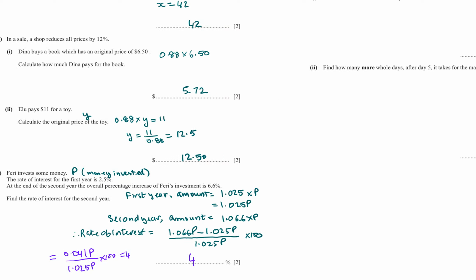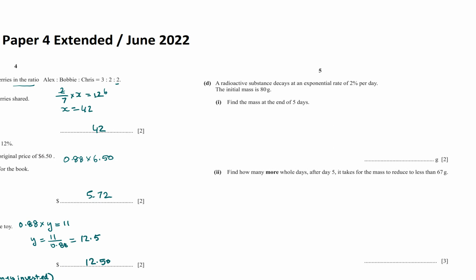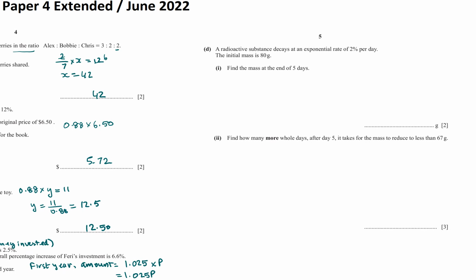So for the final part of the question, the D part. The radioactive substance decays at an exponential rate of 2% per day. The initial mass is 80 grams. Find the mass at the end of 5 days. So what we would do is 80 multiplied by the percentage we would apply. It is decaying, so it is reducing, so it would be 100 minus 2, that's 98.